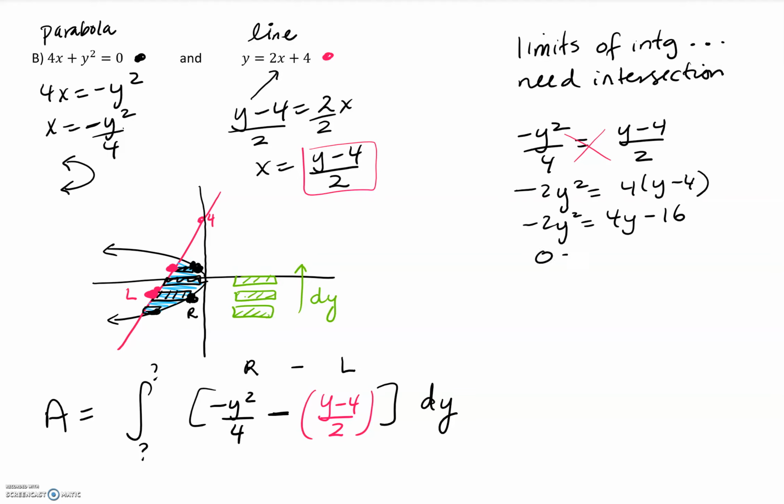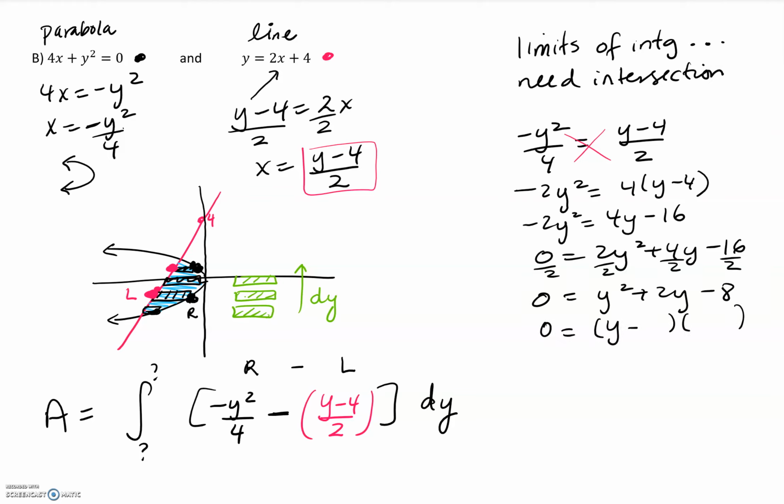Let me move everything to that side: 2y squared plus 4y minus 16. Let's divide everybody by 2 to make the numbers smaller: y squared plus 2y minus 8. That looks factorable: y plus 4, y minus 2. So the intersection points are negative 4 for my y value and positive 2 for my y value.